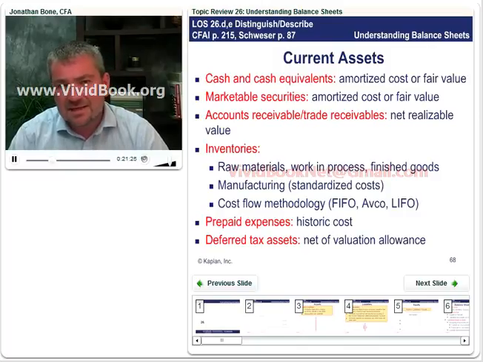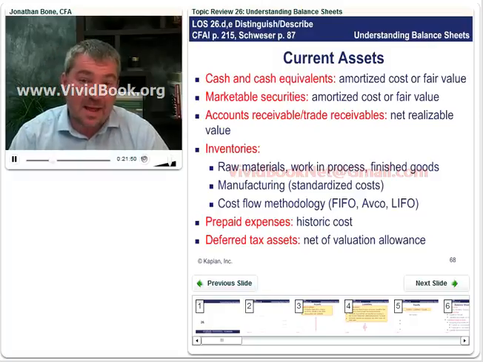Now, FIFO says you sell the oldest items first, so your ending inventory is made up of the most recent purchases, so we use recent purchases to value it. LIFO says you sold the most recent items first, so ending inventory is made up of the oldest purchases, so we use the oldest purchases to value it. And AVCO, you say, I've got no idea what I've sold, and therefore you value your ending inventory at the average price paid during the year, average purchase price.